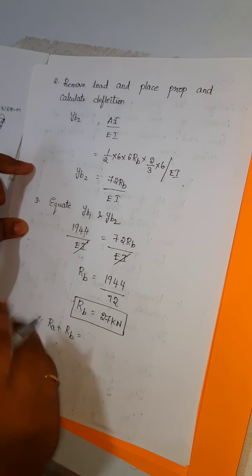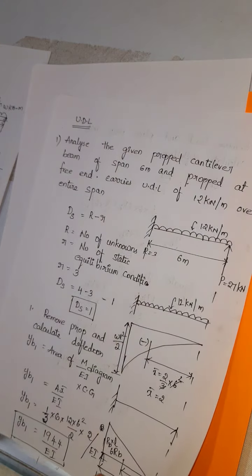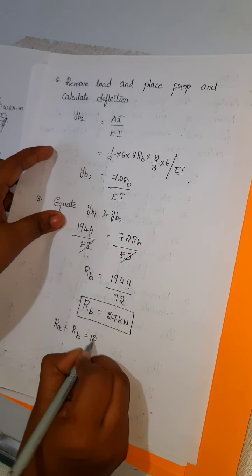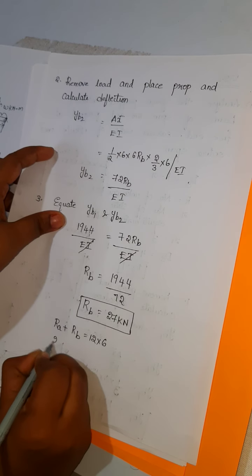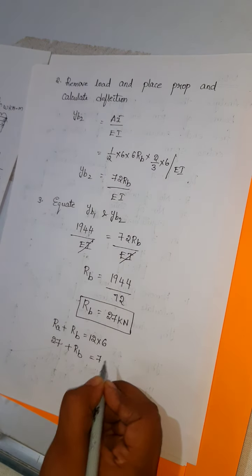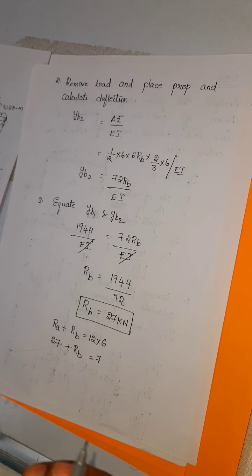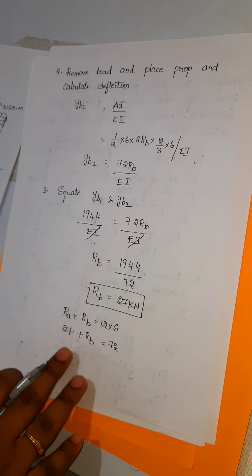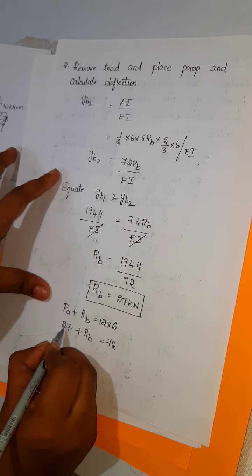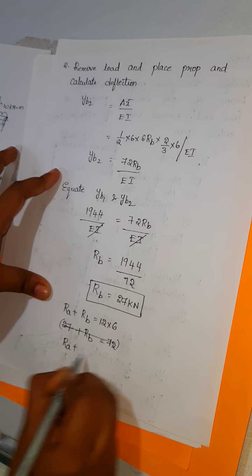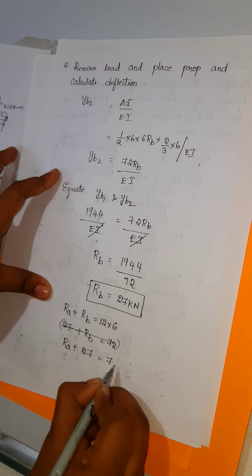RA plus RB is equal to, since it is a UDL, for calculating force, just force into distance, 12 into 6, which is 72. RA plus 27 is equal to 72.